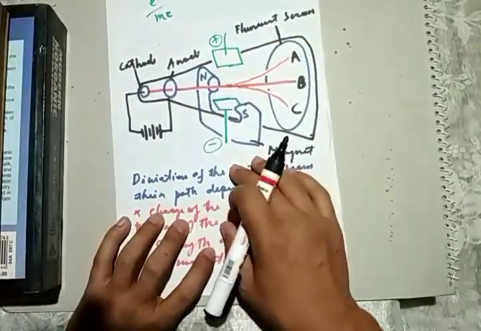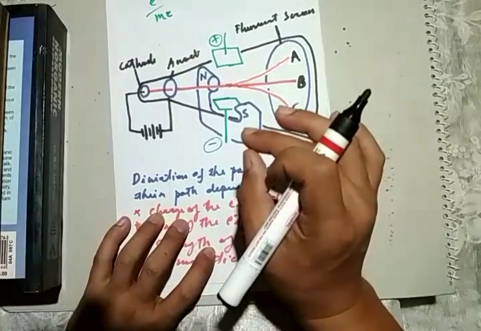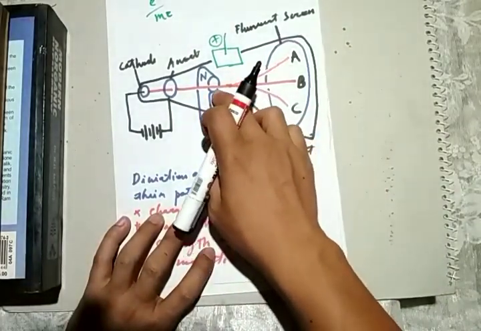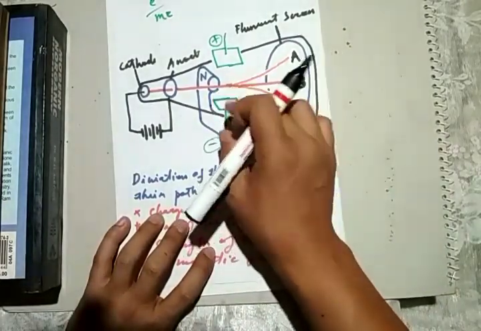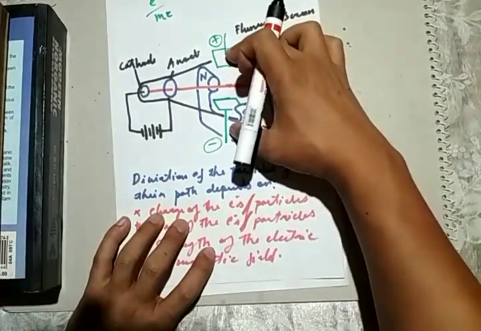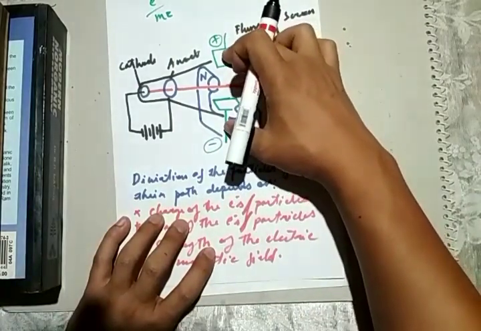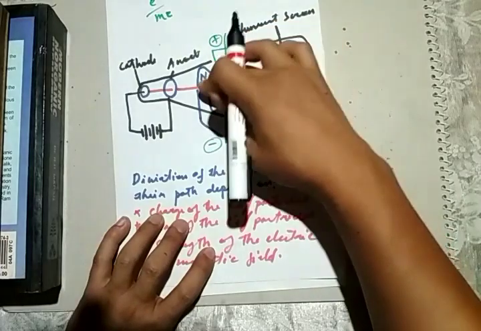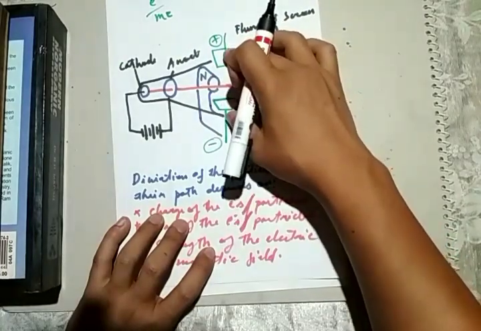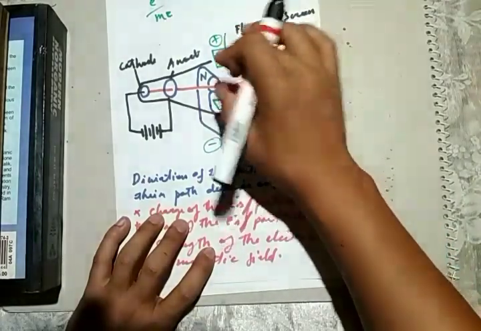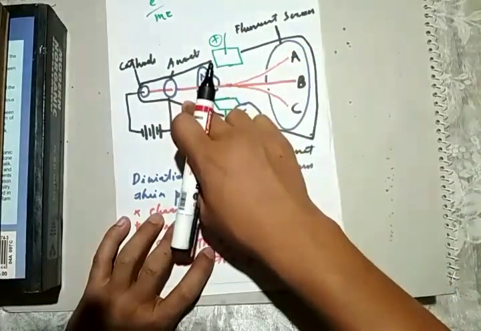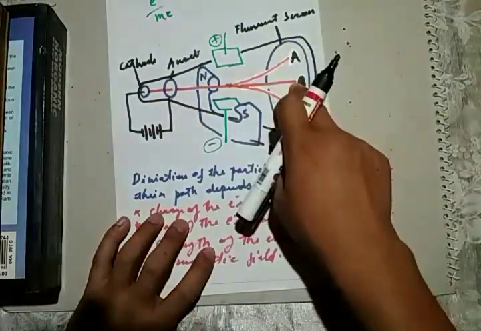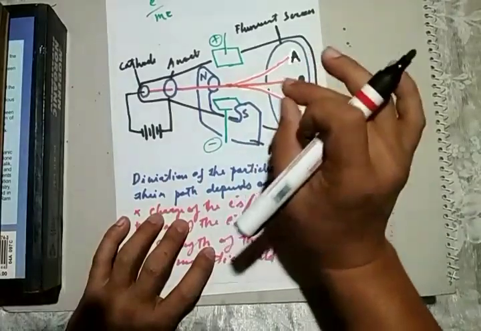So this means there is net zero deflection. By net zero deflection it means there is equal force from the electric field and magnetic field. As a result of this equal force, there is net zero deflection. So we don't observe deflections.